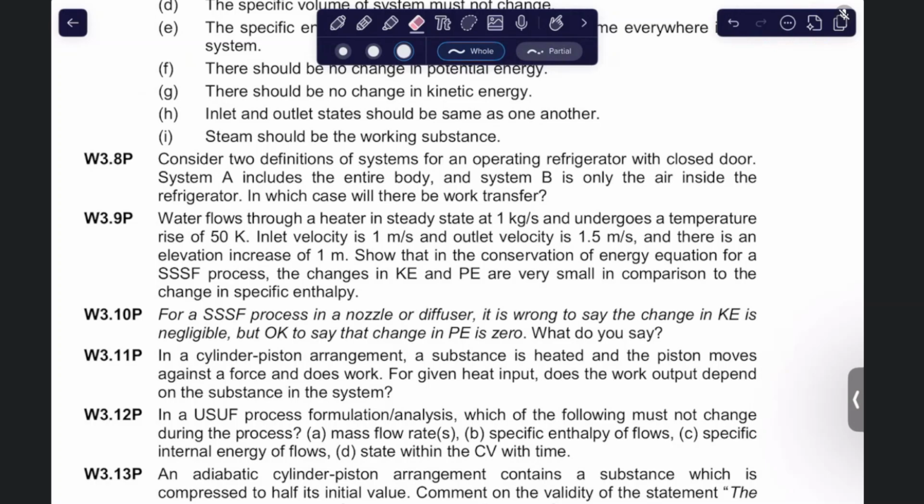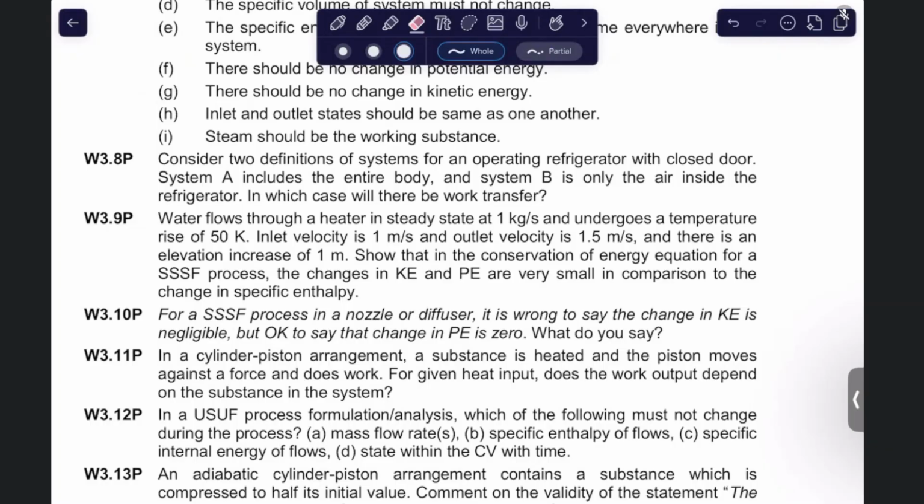Okay, so system A is the entire refrigerator, and system B is just the air inside. So we are defining two different systems with different system boundary definitions. Just by system boundary definition, we can observe two different things. Some phenomena will be included in the system, some phenomena won't be.